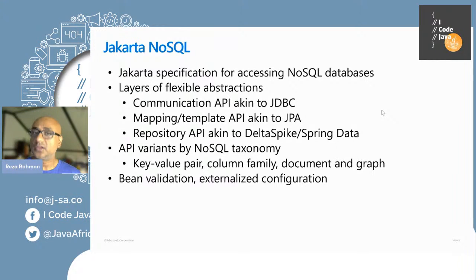So there is key value pair, and that is simply, as you can imagine, a key and a value. You have an object in your database, and then you have a key for it, and you can retrieve that object via its key. That's key value pair. Then you have column family. This is a variant over key value pair, where you're still accessing the database data using a key, and the data is essentially a value stored that maps to that key.